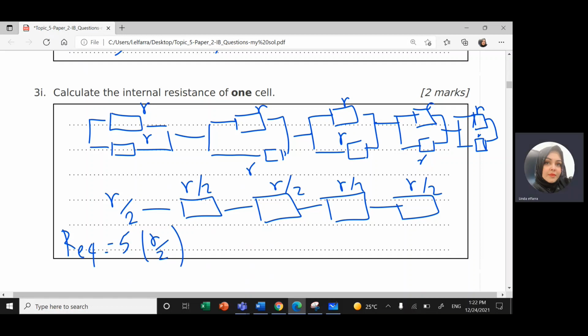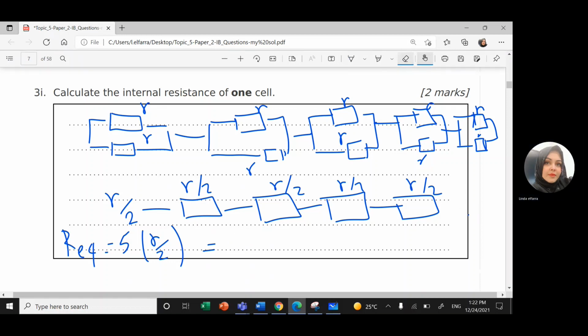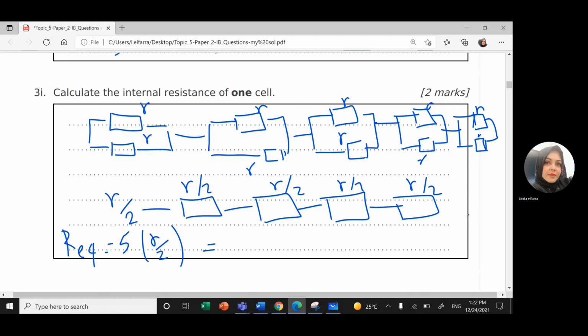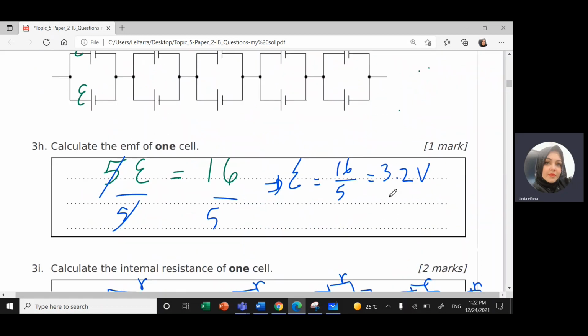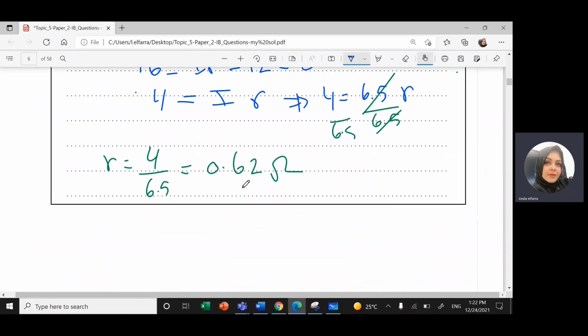Okay, so 5 over 2 times r will give me 0.62, because R equivalent, we just calculated from this part, was 0.62.